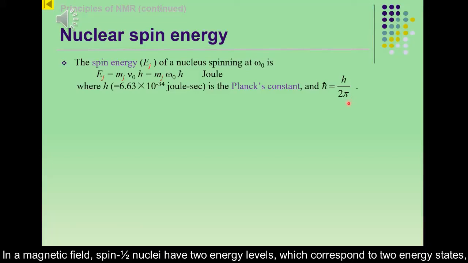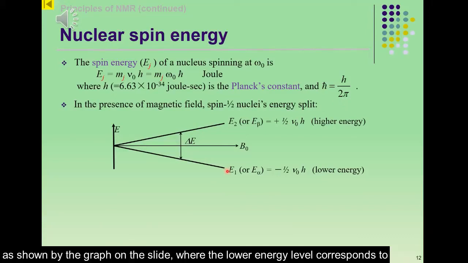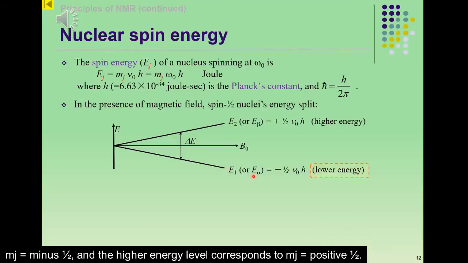In a magnetic field, spin half nuclei have 2 energy levels, which corresponds to 2 energy states as shown by the graph on the slide, where the lower energy level corresponds to mj equals minus a half, and the higher energy level corresponds to mj equals positive half.